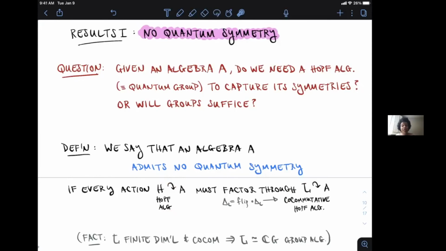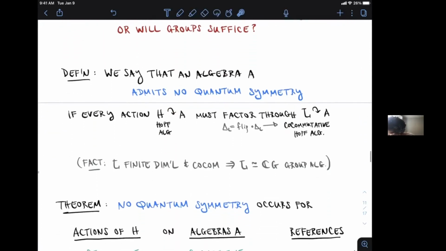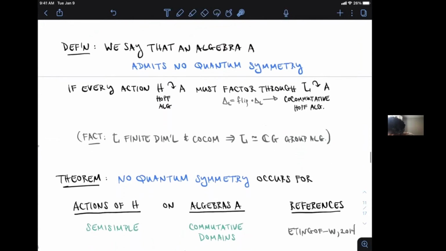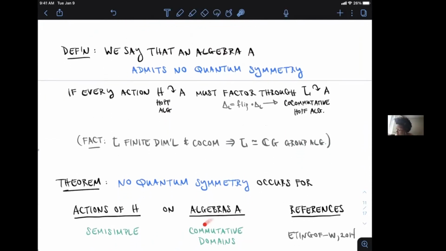So when do we have no quantum symmetry? That's the first question. One answer is that no quantum symmetry occurs when we act on commutative domains with a semi-simple Hopf algebra. Remember, there were two tracks of Hopf algebras to study, one that was studied with group theoretic techniques, one that was studied with Lie theoretic techniques.